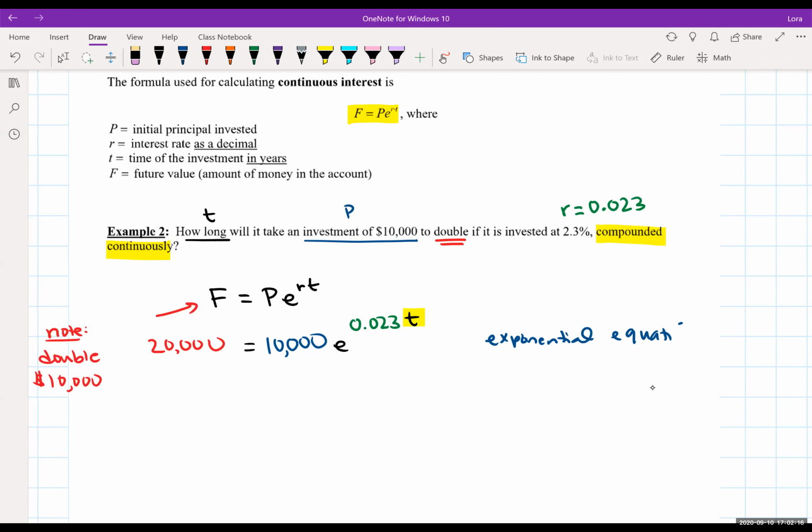What I want to look for, before I try to match bases or isolate the exponent part, one of the tricks that we have not seen quite yet, is we want to make sure we isolate the exponential expression first. So let me see if I can write that in. That's different than what we really saw in any of the examples in the previous section.